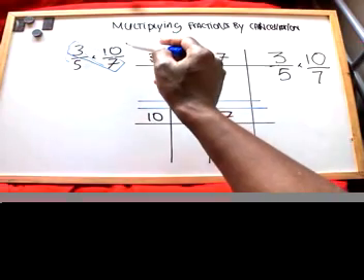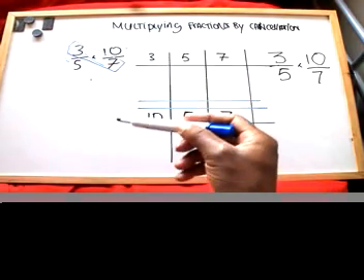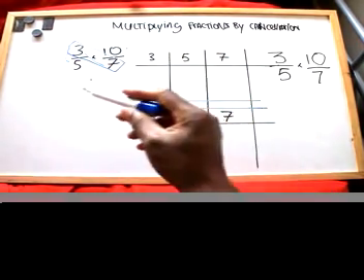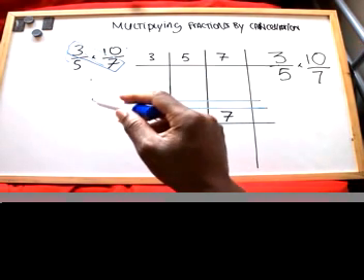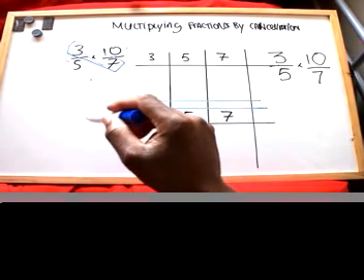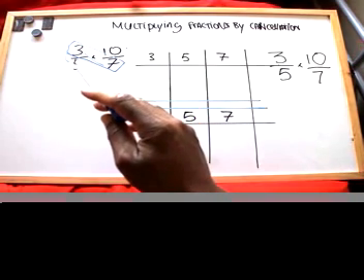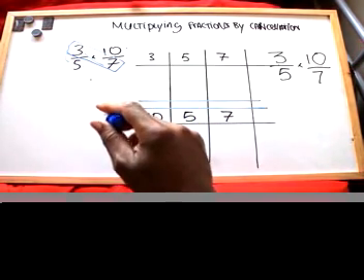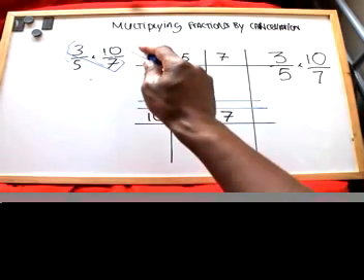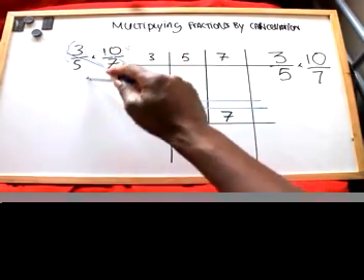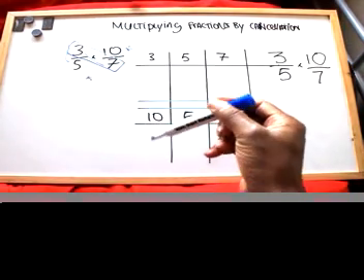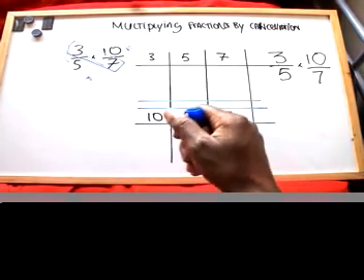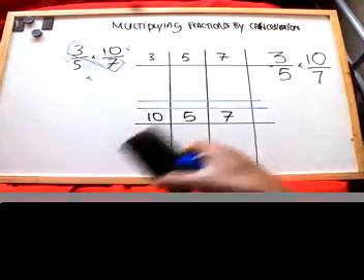Then you would have to look for 10 and 5 and see if there's any common factor. So in other words, once you find a common factor between one numerator and a denominator, and you divide by that common factor, you cancel it down, then all you've got left is the remaining numerator and denominator, and you have to see if you can find a common factor for those two.